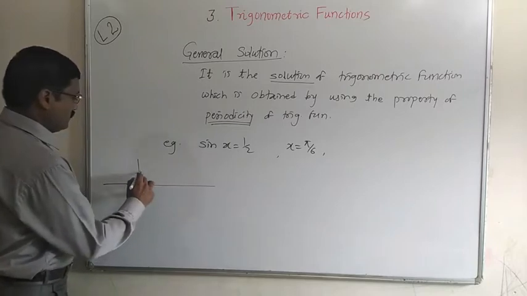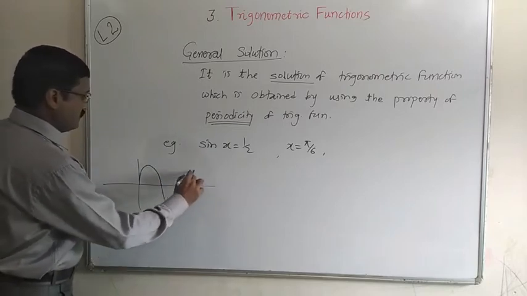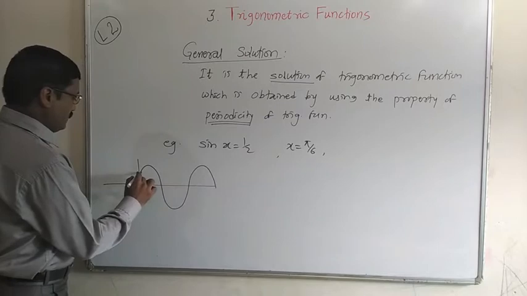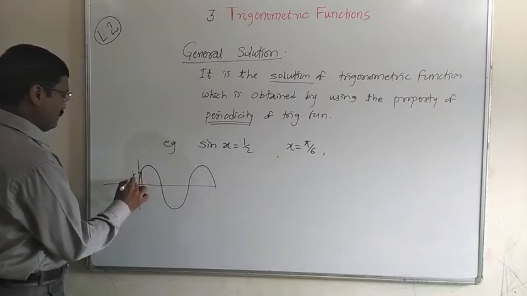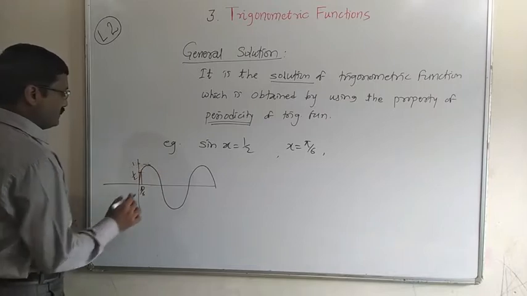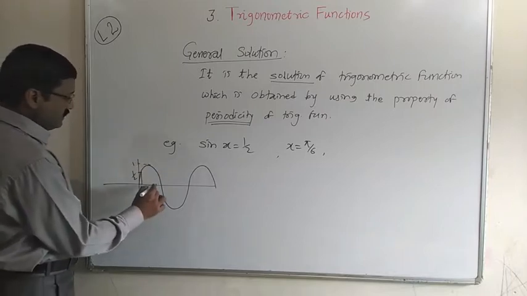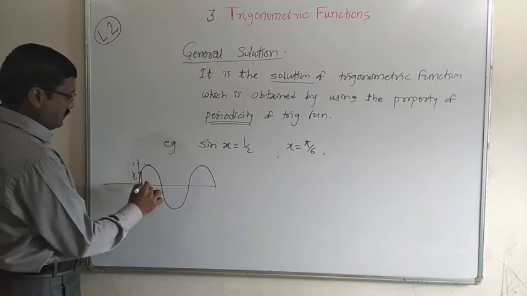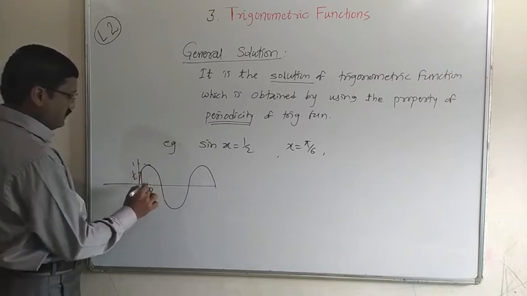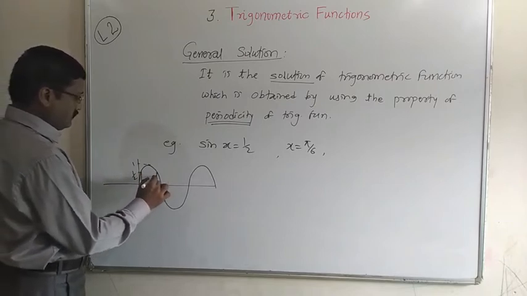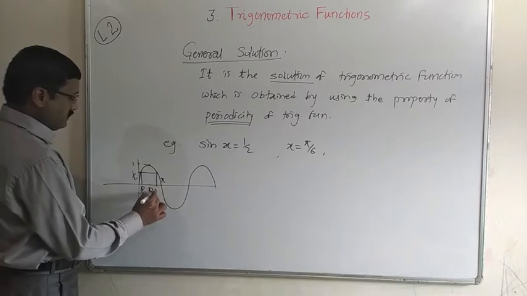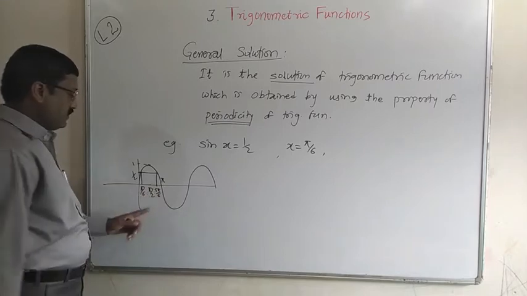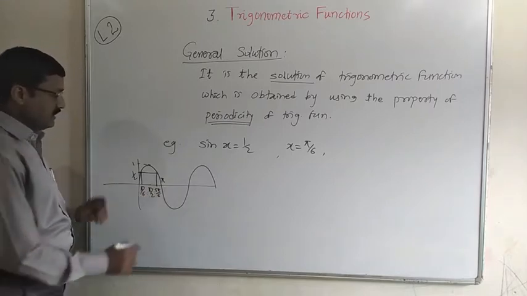Then after a certain interval, let us see the figure again. Here pi by 6 gives the value half, and then here is pi, so 5 pi by 6 also gives the value of sin x equal to half.